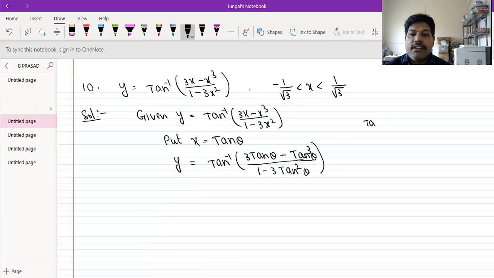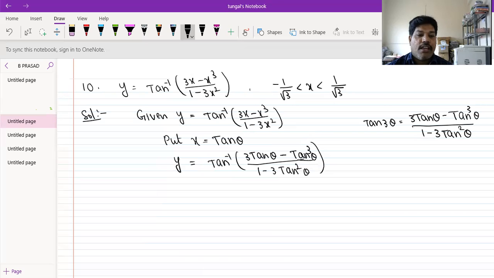The tan 3 theta formula is nothing but (3 tan theta minus tan cube theta) by (1 minus 3 tan square theta).